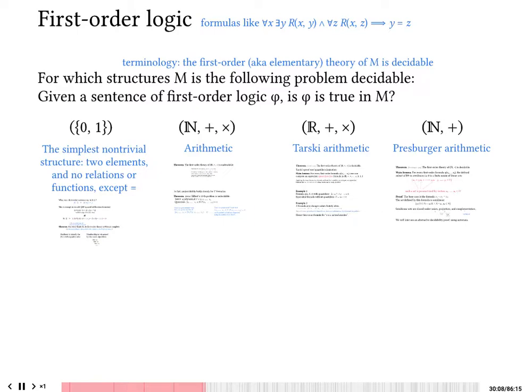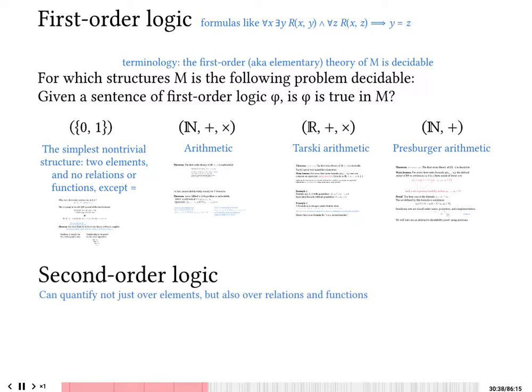In the cases of Tarski and Pressburger, I only discussed decidability, but of course there are also computational complexities involved. Tarski arithmetic is known to be in exponential space, and I believe it is not known yet to be complete for exponential space, while Pressburger arithmetic lies somewhere between non-deterministic doubly exponential time and doubly exponential space.